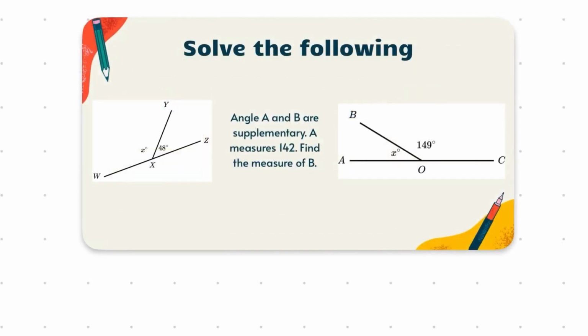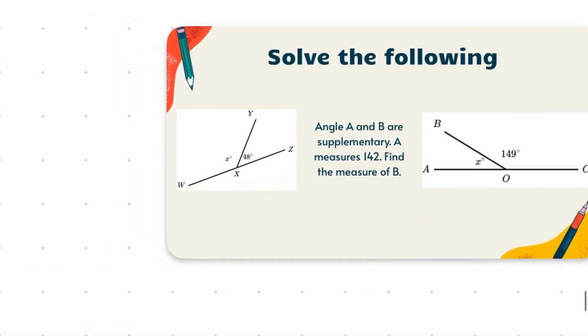We're now asked to solve the following. So in the first diagram, we have an angle WXY, and it appears to be a straight angle because WZ is a line. We know that the measure of YXZ is 48, and we're trying to solve for X. So how can we do this? Well, if you recall from the previous video, this is similar to the complementary problems we had earlier.